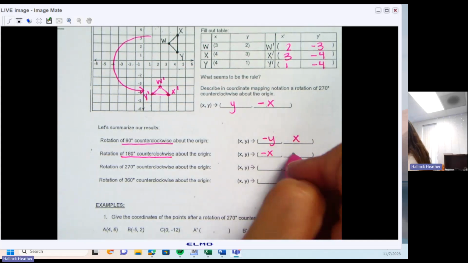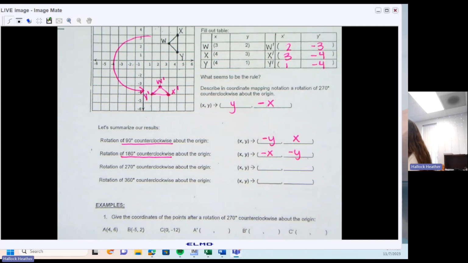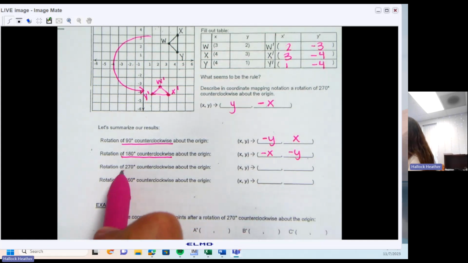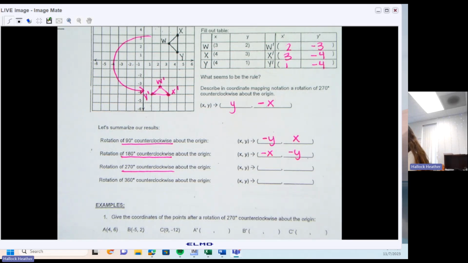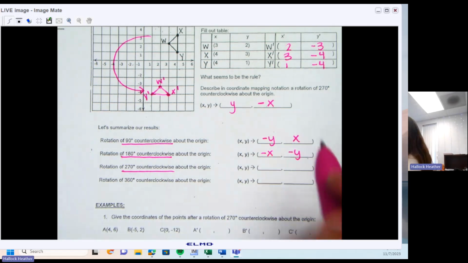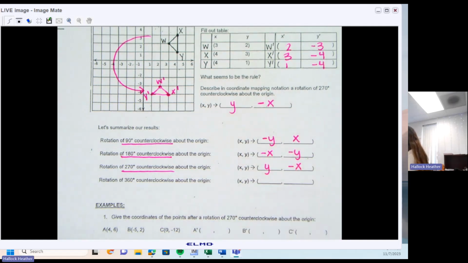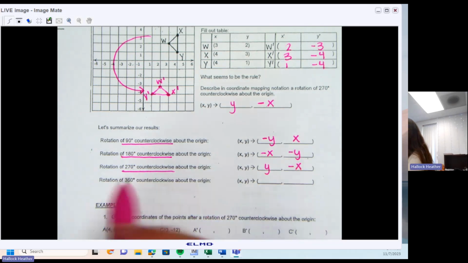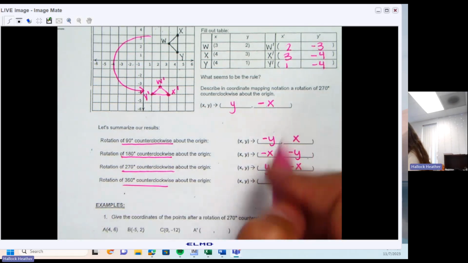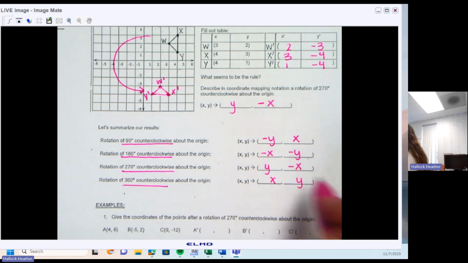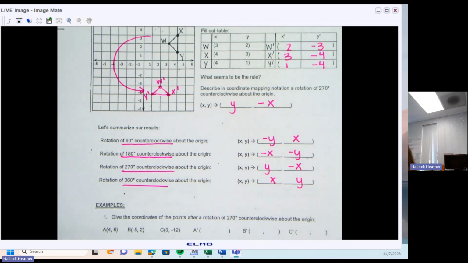They just become negative, so it's -x, -y. If I go 270 counterclockwise, they flip and the back number changes, so this is going to be y, -x. What happens if I go 360 degrees? They stay the same, so x, y stays as x, y. That's why they're never going to have you use that one, because nothing's going to change.